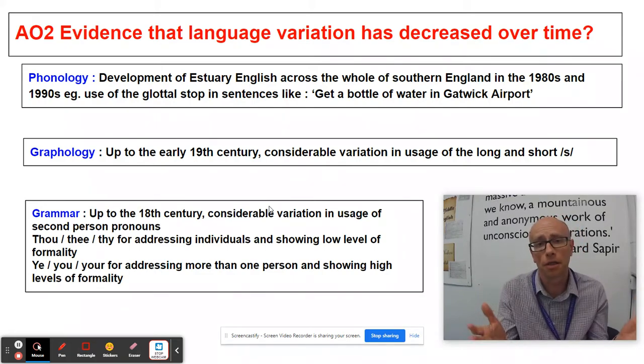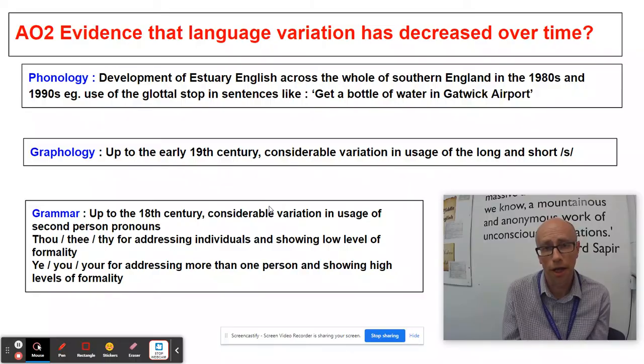So take a particular grammatical item like the second person pronoun, for example. Up to the 18th century, there was considerable variation in usage of the second person pronoun. You had thou, thee, and thy for addressing individuals, for single people, and for showing a low level of formality.